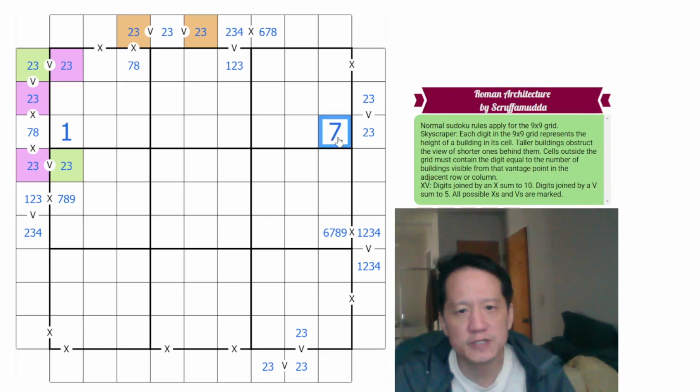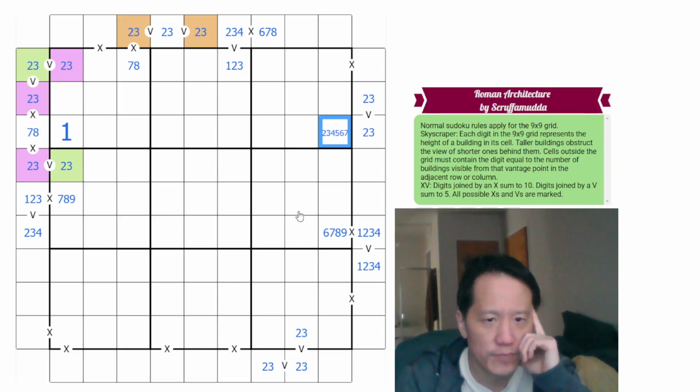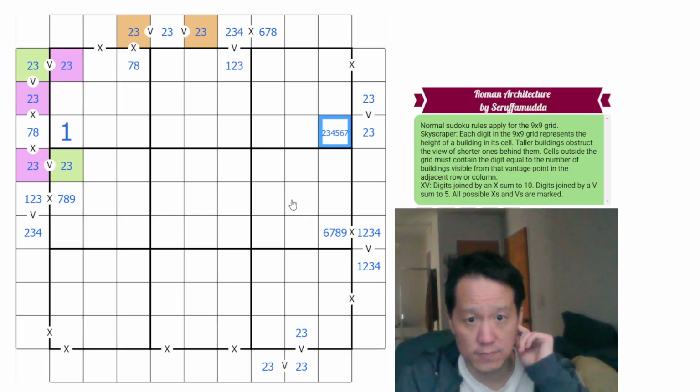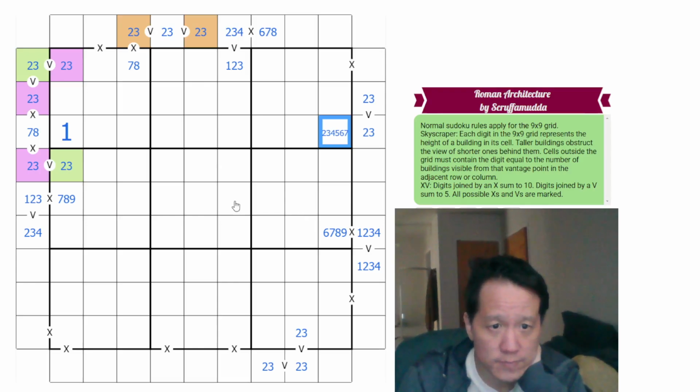It could be 7. So this could be a wide variety. It could be 2 through 7, right? So this C is at least here and here.